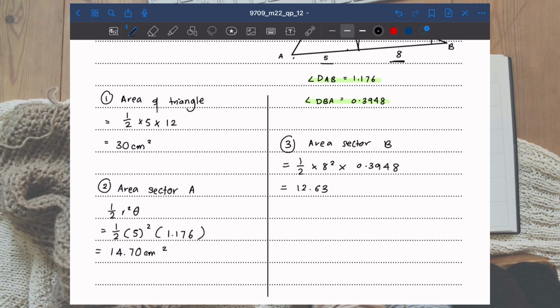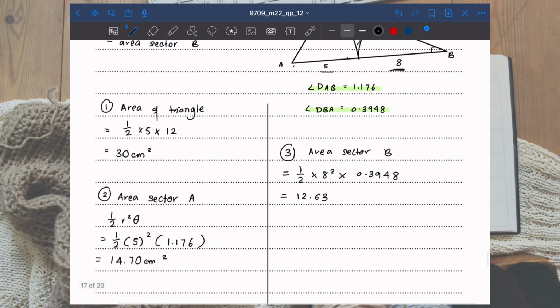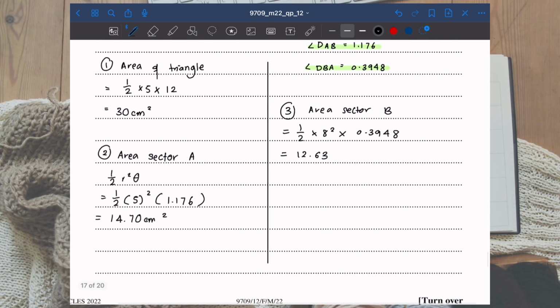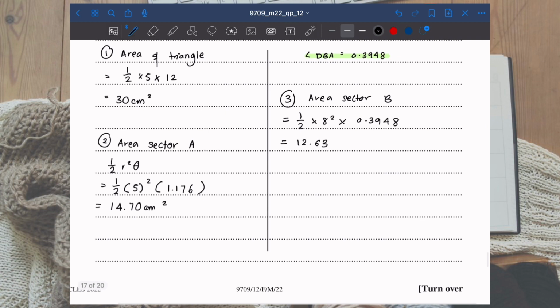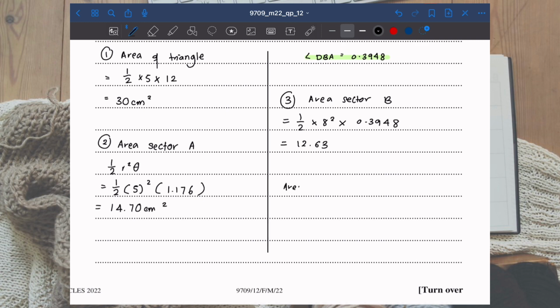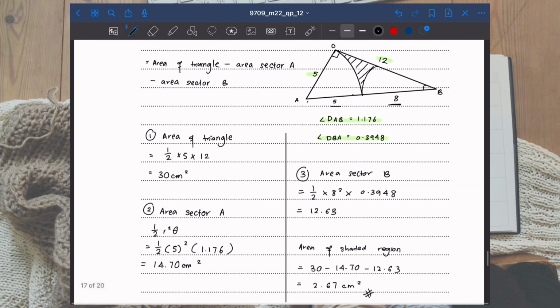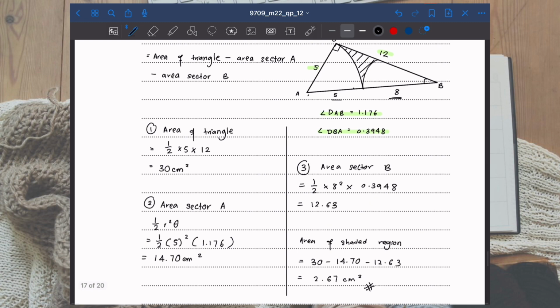It's better to give 4 or 5 significant figures where you can before you round up to the final answer. So our area of shaded region will be 30 minus 14.70 minus 12.63. This gives us 2.67 centimeters square. So that is your area of shaded region.